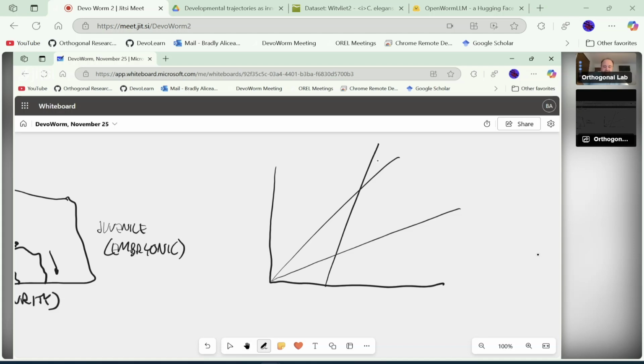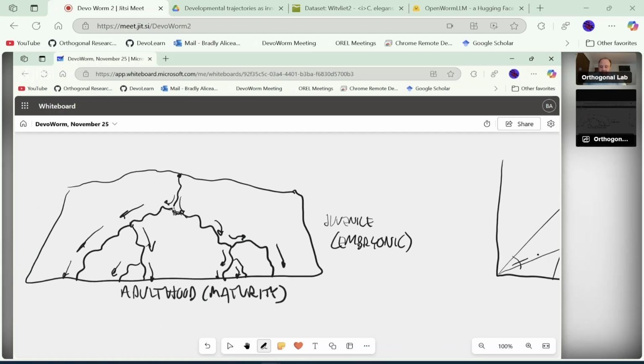And so you can see where you get these inner product spaces in different places. You can use these to understand the divergence of development. So if you have this trajectory here versus this trajectory here that I've defined with these arrows, those are different.